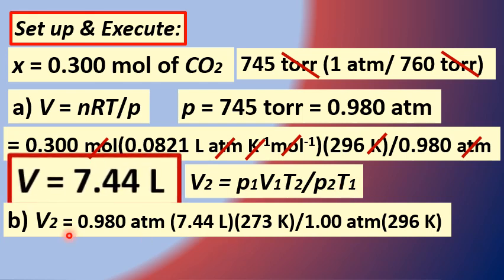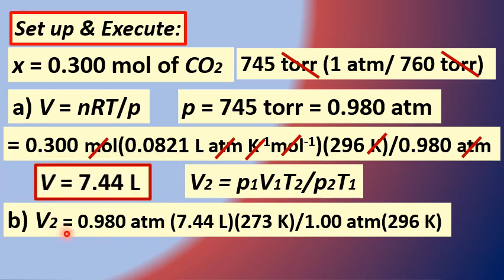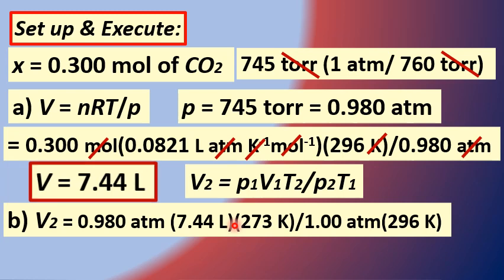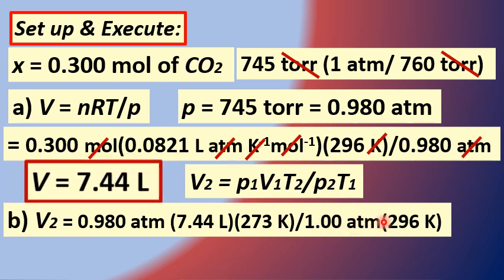So substituting, V sub 2 is just equal to 0.980 atmosphere, the value of the initial pressure, times 7.44 liters, the initial volume, and then multiplied by the final temperature 273 Kelvin, then divided by the product of the new pressure, which is 1.00 atmosphere, multiplied first by the initial temperature 296 Kelvin.